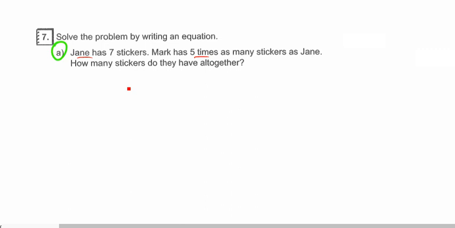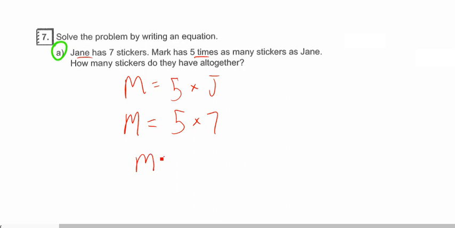So first of all, Mark's stickers are going to be, sorry, I need to fix that, 5 times Jane's stickers. Well, what do we know? We know Jane has 7 stickers, so Mark is going to have 5 times 7.